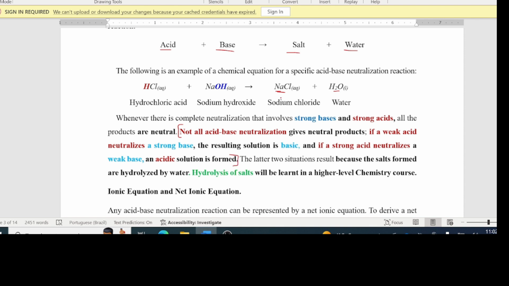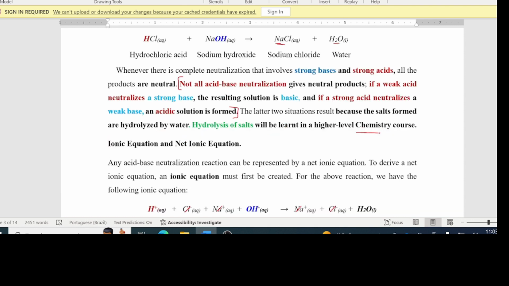Okay? It will react with water, disrupting its H and OH ion concentrations. You know, water has an equal concentration of H and OH. That's why it's neutral. Just note that. But generally speaking, a neutralization happens when an acid reacts with a base to produce salt and water.